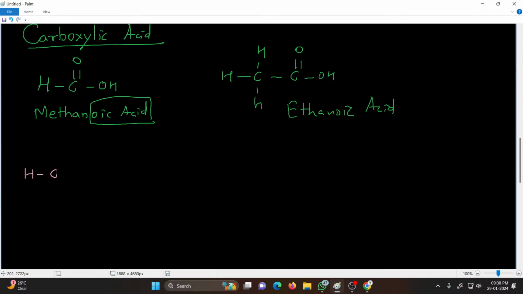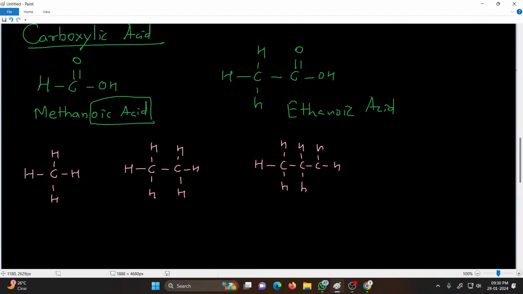Consider alkanes like this. So first alkane is like this, then you have the next alkane like this. The alkane with 3 carbon atoms is like this, and so on and so forth. We are writing the linear chain compounds. So this is CH4, isn't it?